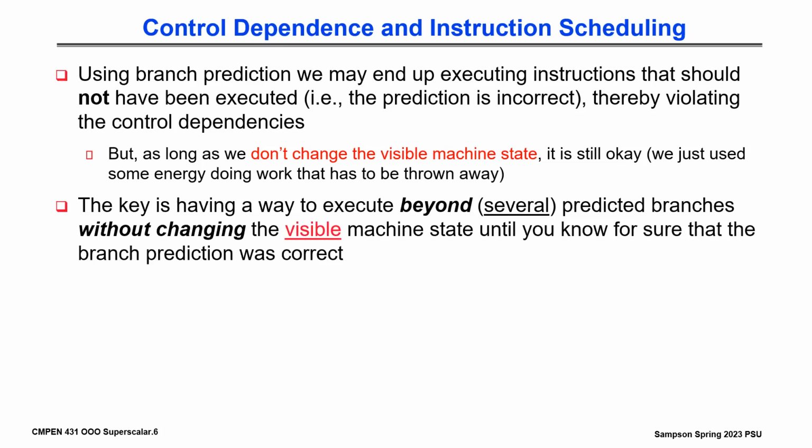Now, if you want to get anywhere near those numbers I just showed you of 18, 150, these really, really high levels of parallelism that are, at least according to graph analysis, out there, you're not going to have to speculate past one branch. You're going to have to speculate past actually a lot of branches. You have to look at a lot of code.